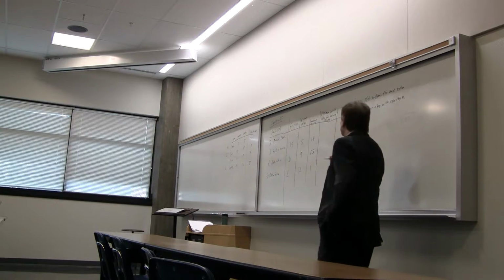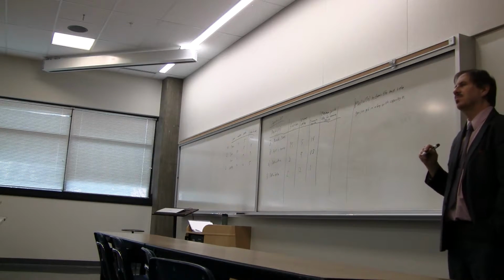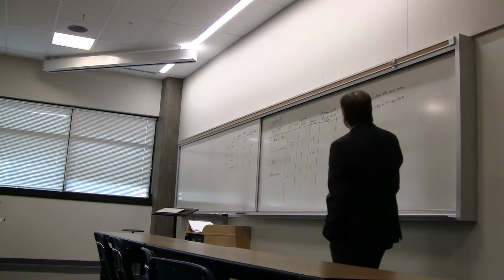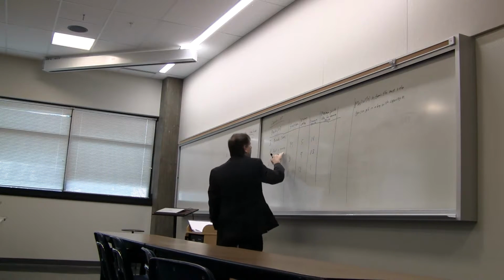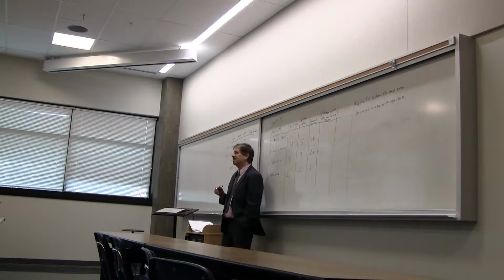What's the maximum possible value we can get out of that remaining capacity? If we start with a mouse, we've got 18 pounds of capacity left in our bag. Do we know what the maximum value is we can get out of that 18 pounds? We don't have a number, but we have an expression we can write.